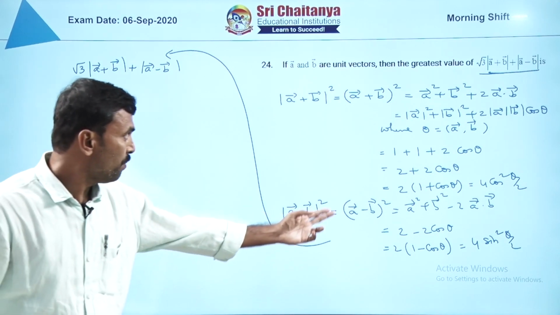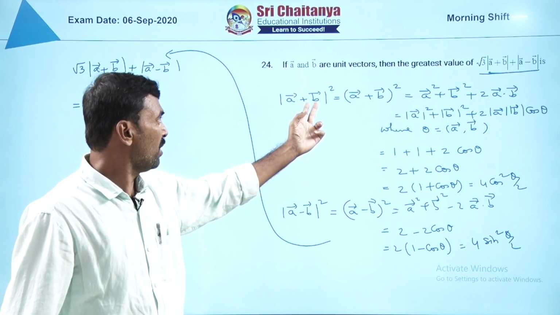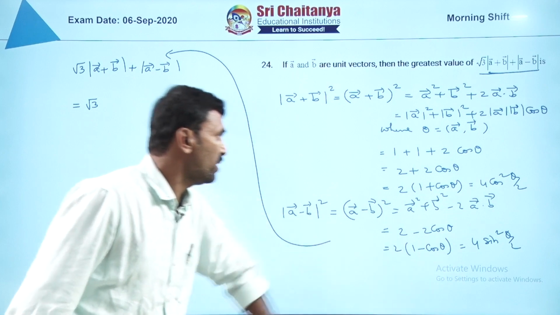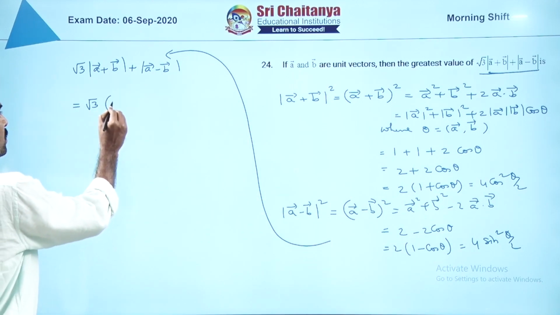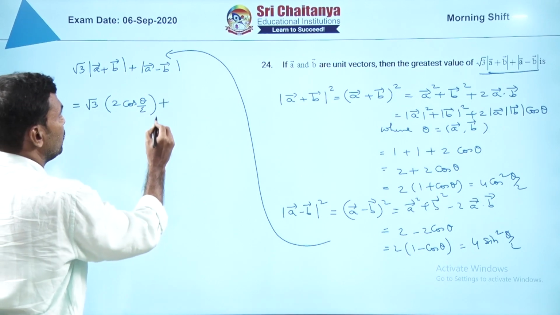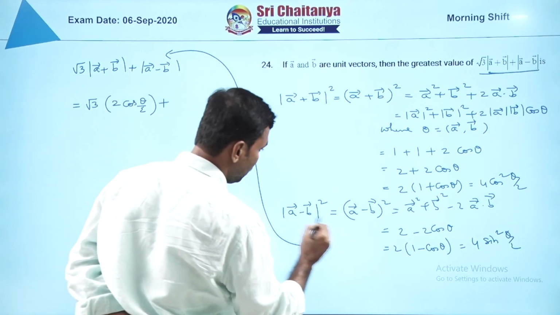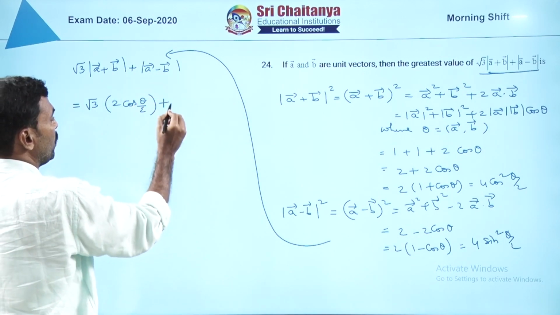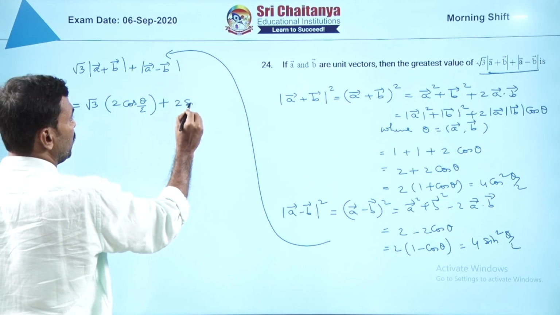What is the value of magnitude of A bar plus B bar? The whole square I got is 4 cos square theta by 2, so it is simply 2 cos theta by 2, plus this value whose square is 4 sin square theta by 2. Therefore, magnitude of A bar minus B bar is 2 sin theta by 2.